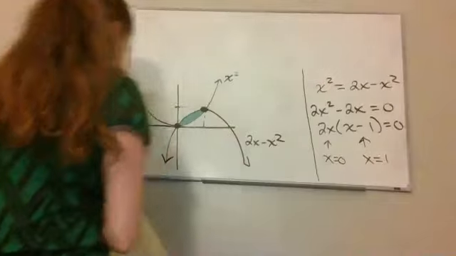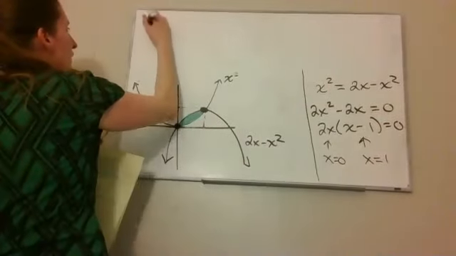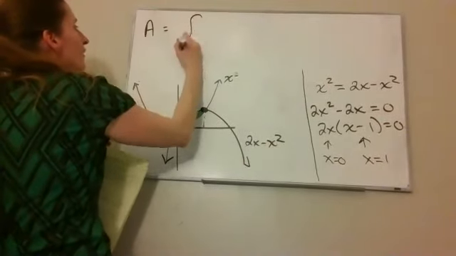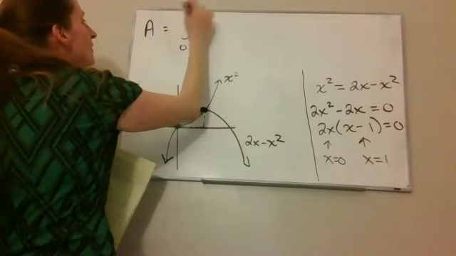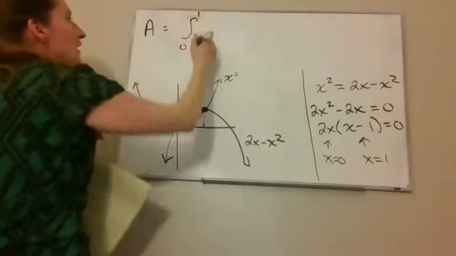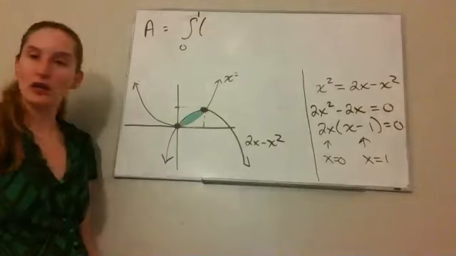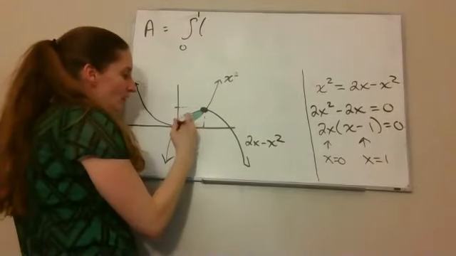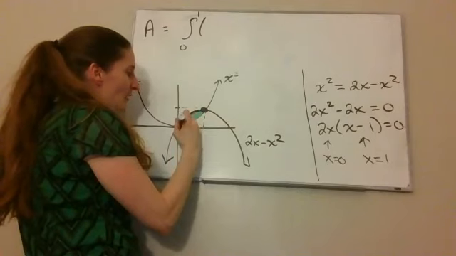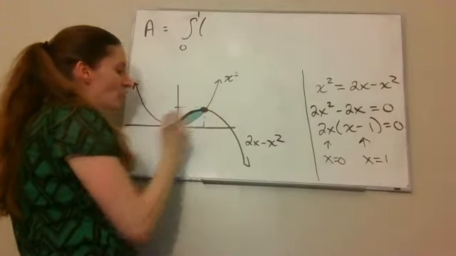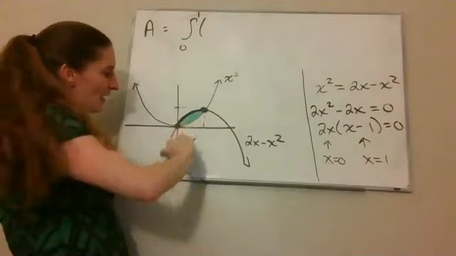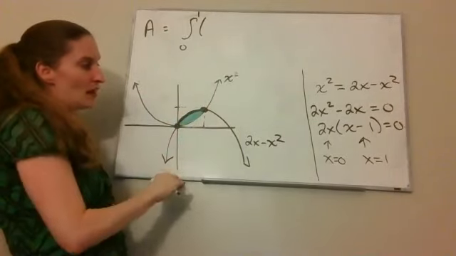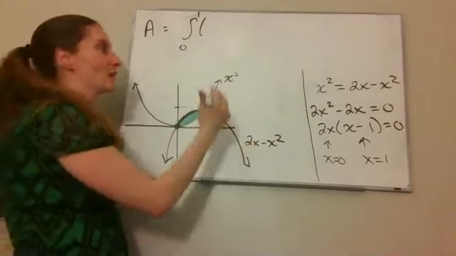So to set up to find the area between the two curves, we have an integral from 0 to 1. And now I need to write the top curve minus the bottom curve. Well, the top curve is the part corresponding to this top little arch of my green shape. That is on my upside down parabola. That's 2x minus x squared.